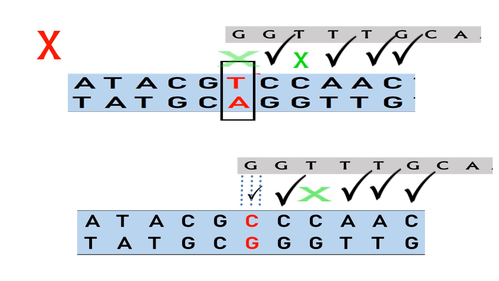Now you will see that in the first figure the amplification will not occur. In the first example the amplification will not occur because there are two mismatches in this DNA molecule with the primer we are trying to attach, and this primer will be able to attach to the second DNA molecule and amplify it because it has only one mismatch, and that is also not present at the end of the primer but in the middle.